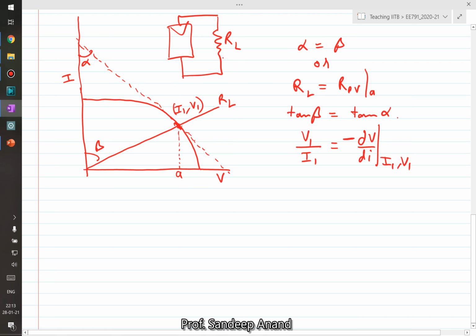If I rewrite this condition, it gives me V1 upon I1 plus del V upon del I at I1 comma V1 is equal to 0.